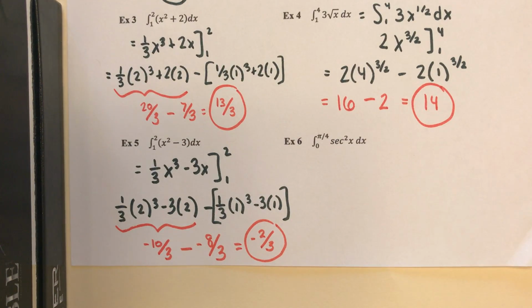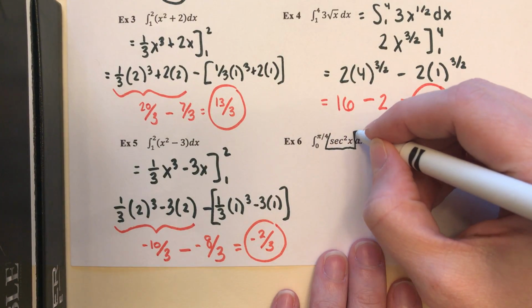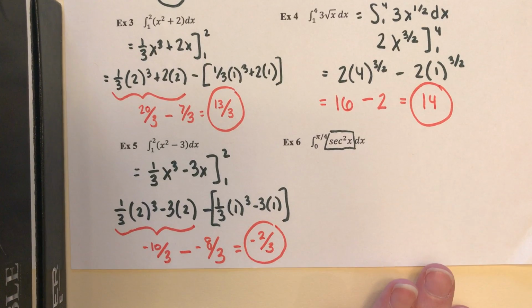Okay, number 6. Now, number 6, hopefully you remember, it's also on one of your note cards. We got to go backwards here. So if I want to take the integral of secant squared, I got to think to myself, what derivative gives me secant squared? So hopefully you thought to yourself, and if you didn't know, you looked it up on your note card, but it should be tangent, right?